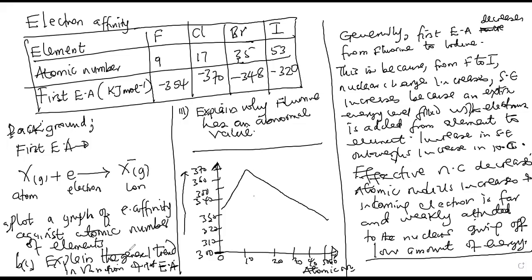So the final part is explain why fluorine has an abnormal value. Why does fluorine have the abnormal value? The abnormal value of fluorine is attributed to the following.